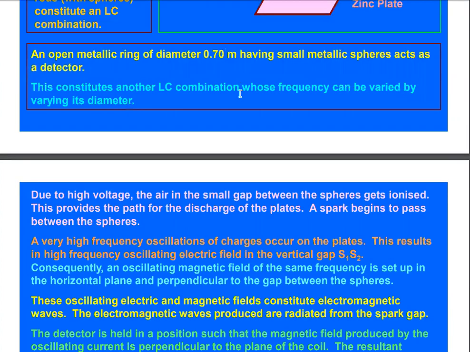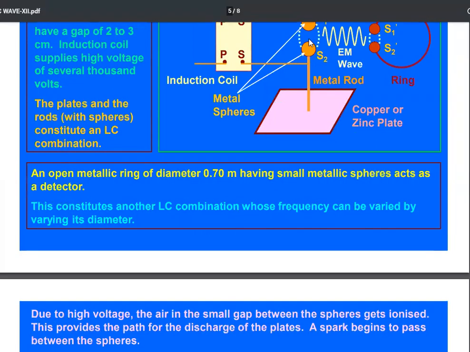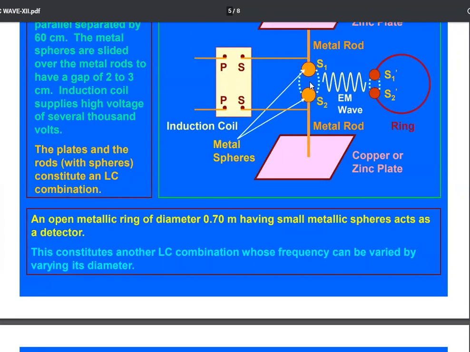You see here, this is the spark gap, and both fields are present in this gap, so the electromagnetic wave is radiated from the spark gap and travels in this direction.